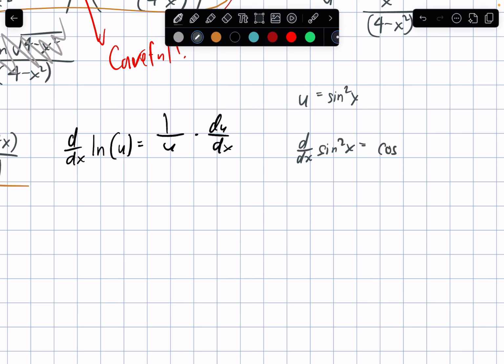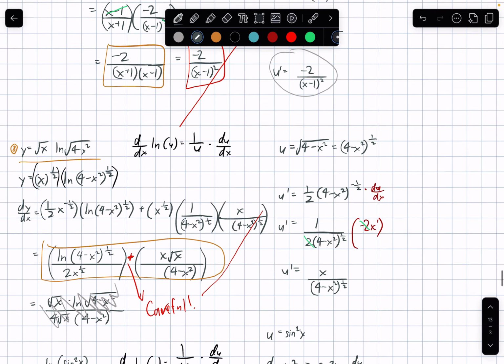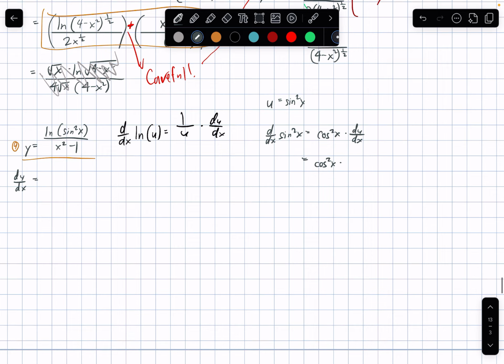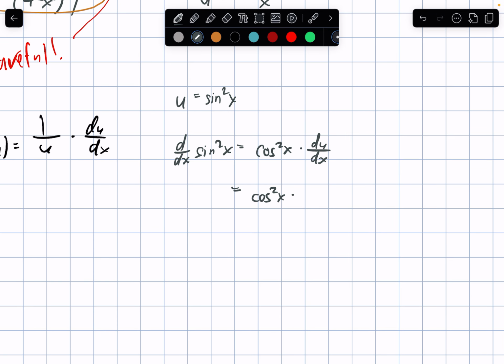That's going to be cosine raised to 2x times du over dx. d over dx, that's going to be, what is it going to be? Well, just x, right? Let me confirm.